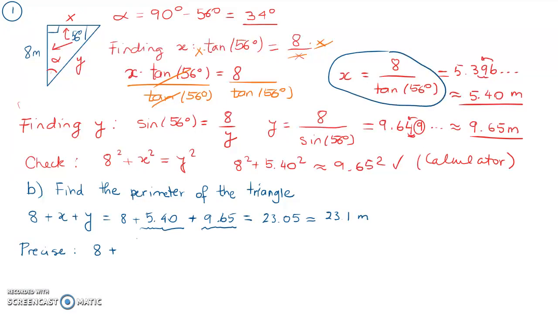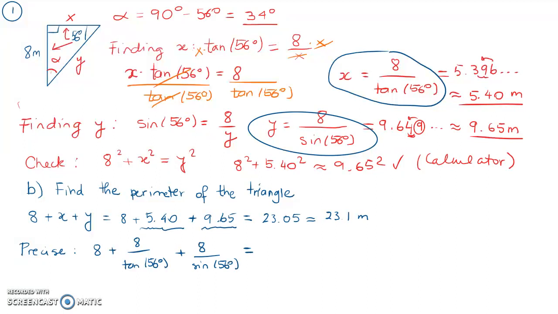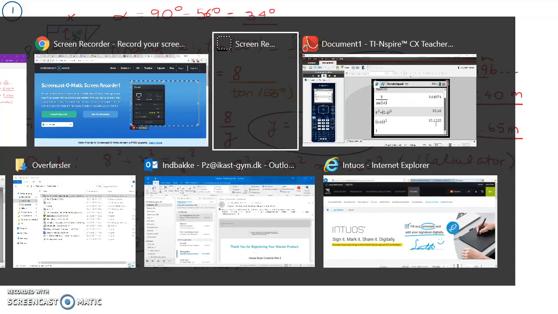So that's what I'm going to write over here, 8 over tangent of 56 plus, and for y we found that the exact value is 8 divided by sine of 56. So 8 divided by sine of 56.